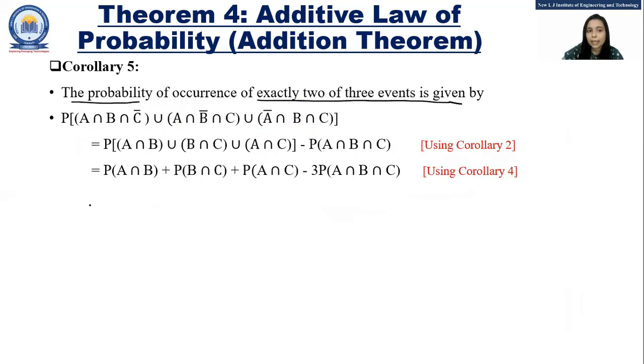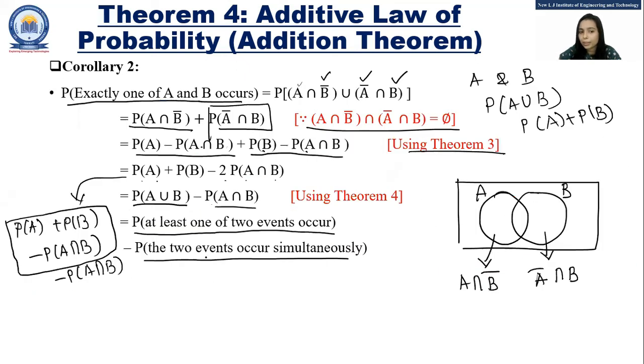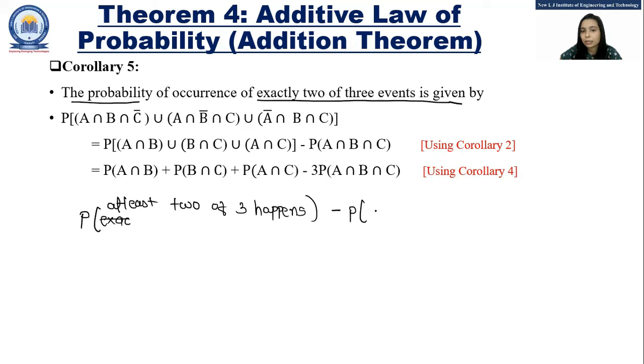So for this, we can write the probability of at least 2 of 3 happens, minus the probability of the 2 events occur simultaneously, so minus the probability of 3 events happen simultaneously.